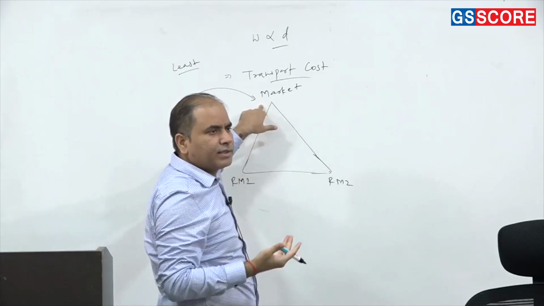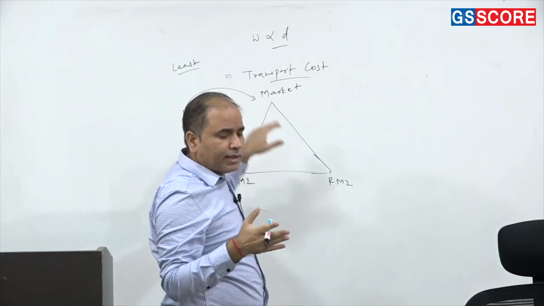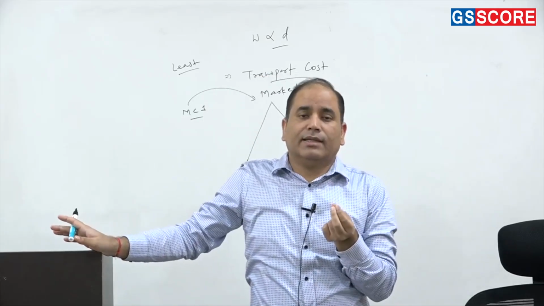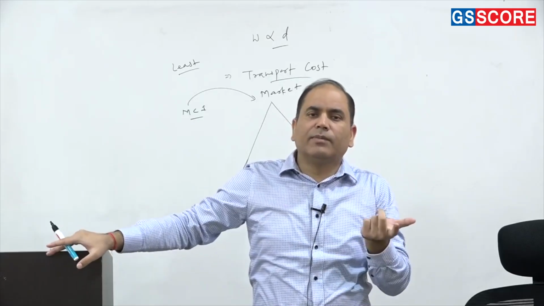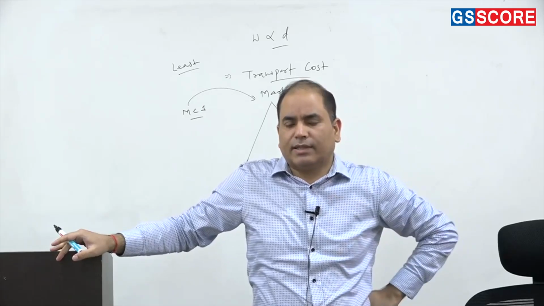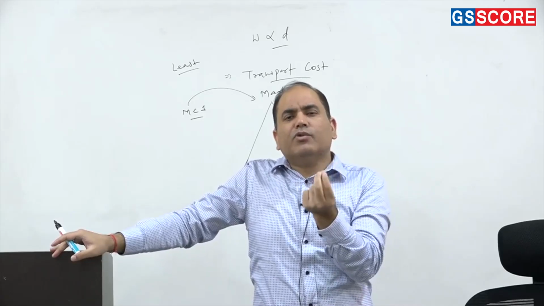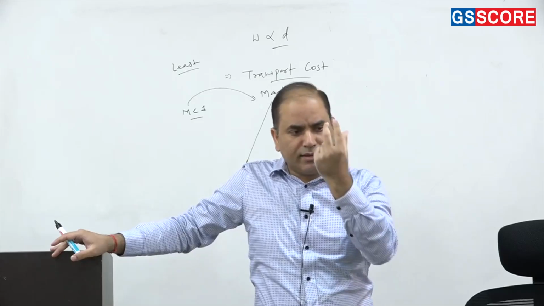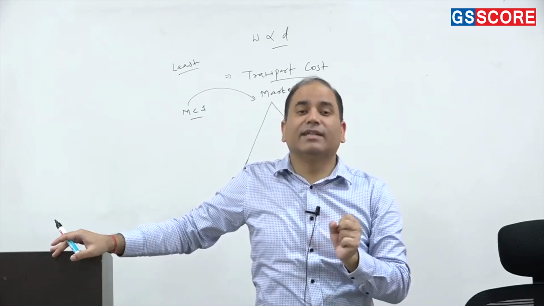Obviously the brewery industry, but in modern times you will see that most of the electronic industry and most of the automobile industry fall in the category of weight gaining. Now, there can be some doubt in your mind about how these industries are weight gaining, but just try to understand. In the automobile industry, the most important component happens to be the engine.